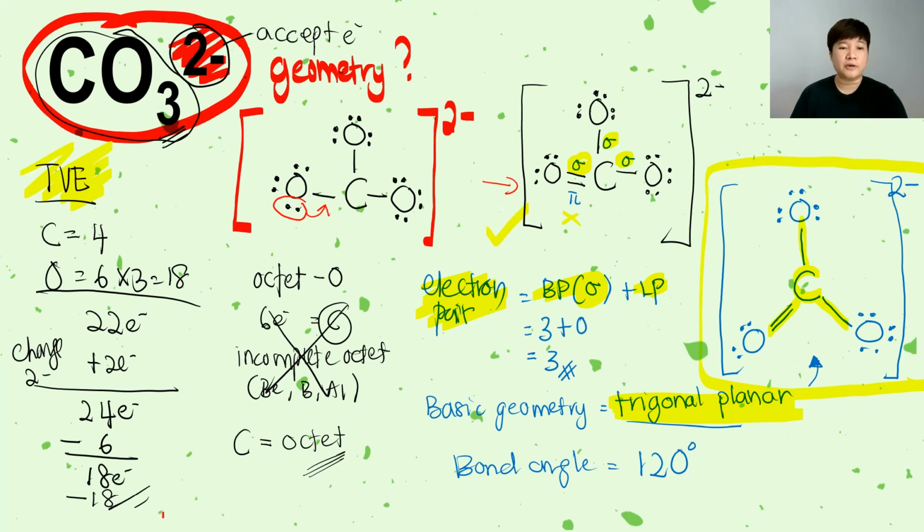Let's do one more example, and also the last one for today's video, a very simple example but one of the favorite questions, NH4+. Again and again, guys, we start off with your total valence electron so that you can proceed with your Lewis structure. I hope by now you already memorized the steps. So nitrogen valence electron 5, hydrogen valence electron 1 times 4, gives 4.